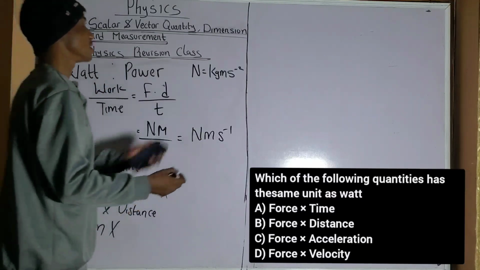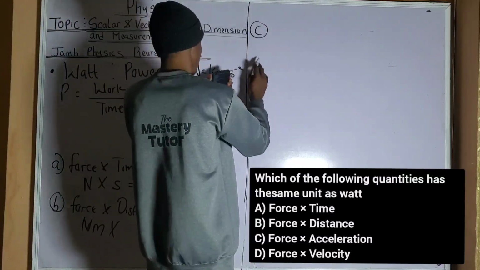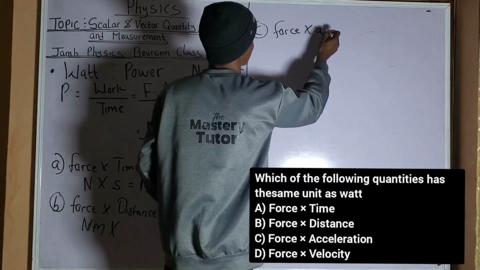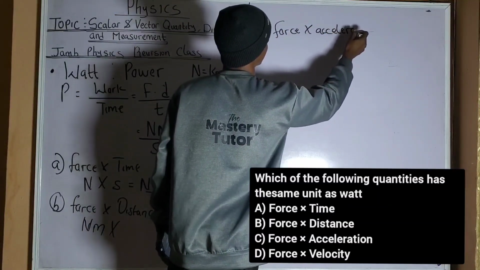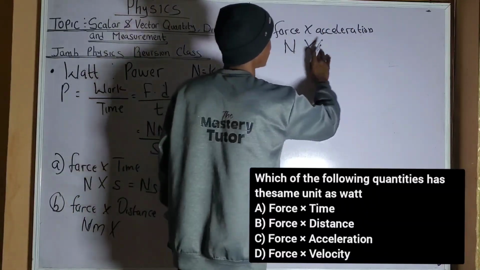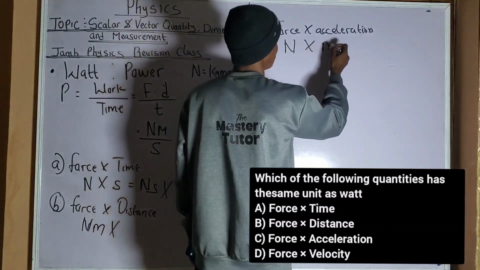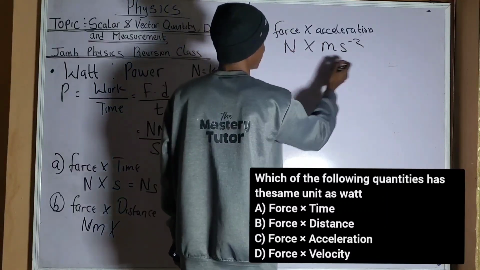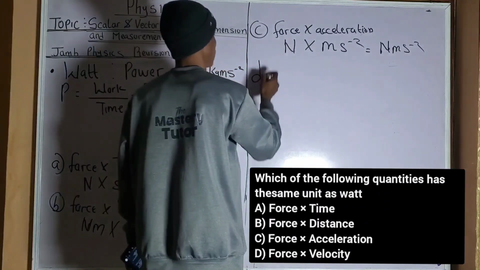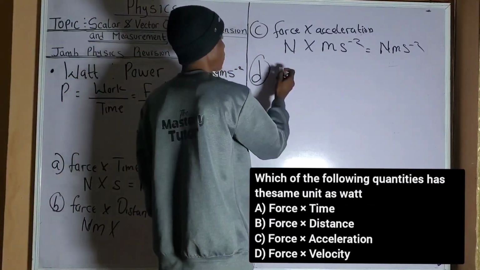Okay. Let us look at option C, which is force times acceleration. Force is in Newton. The unit of acceleration is meter per second squared, so I'm going to have ms to the power of -2. That is Newton meter per second squared. What of option D? Option D is force times velocity.